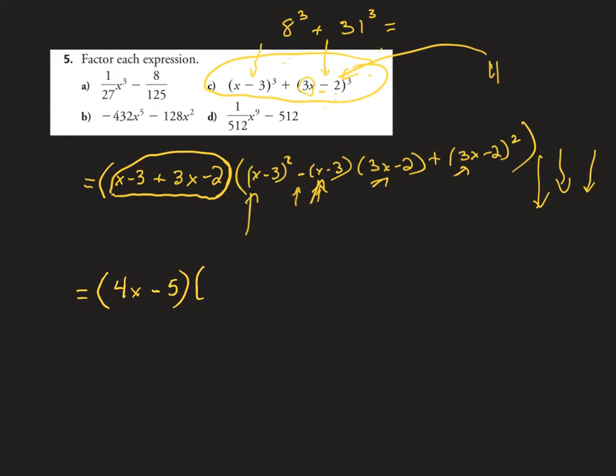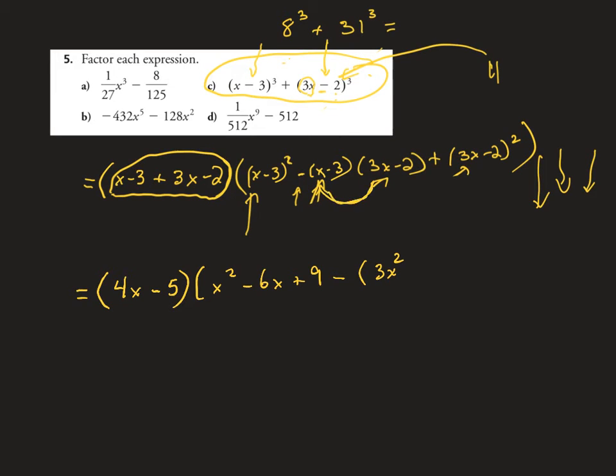Let's see what's in this bracket. We got x minus 3 squared. Well, that's x squared minus 6x plus 9. Everybody knows that. That's just x minus 3 times x minus 3. Minus, what was that? x minus 3 times 3x minus 2.